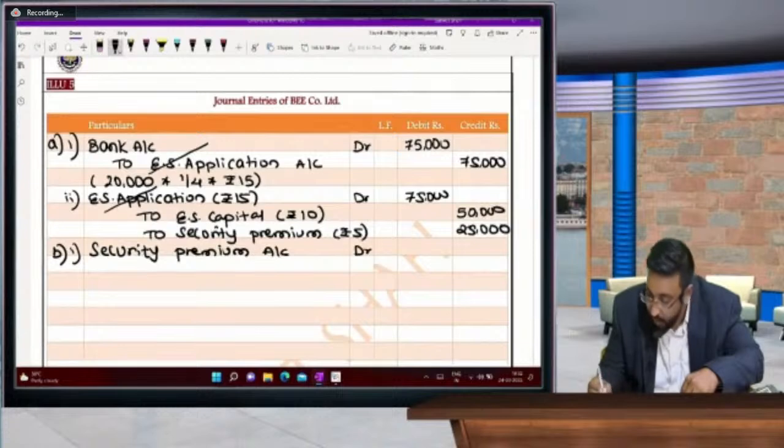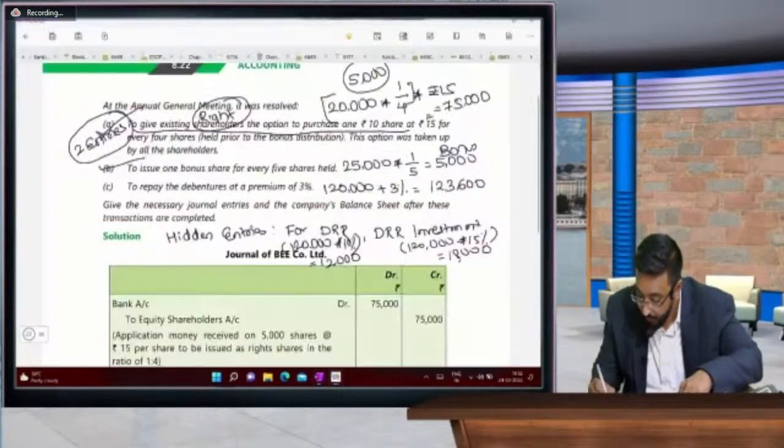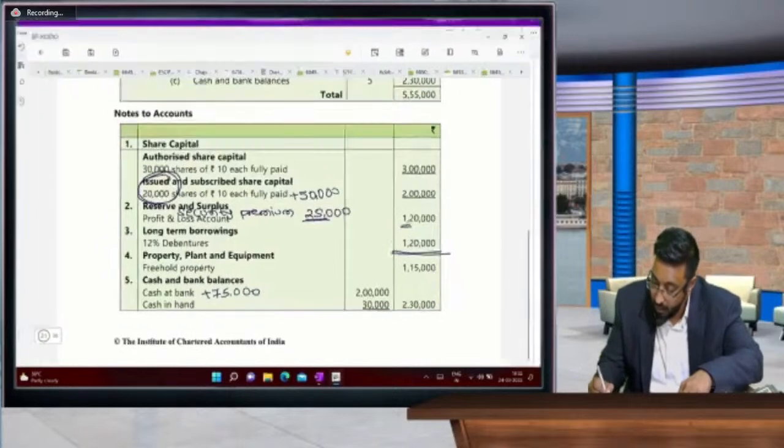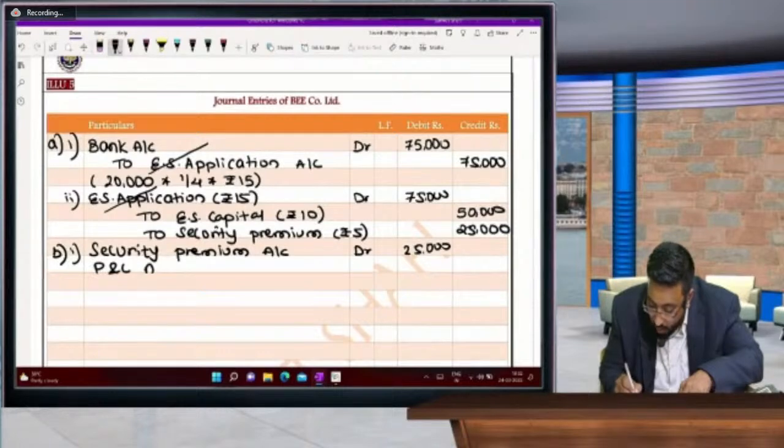So we are reducing our reserves. In reserves, we have securities premium and P&L. So securities premium account debit 25,000, maximum balance. Profit and loss account is the balancing figure.